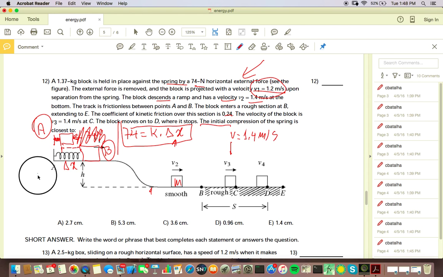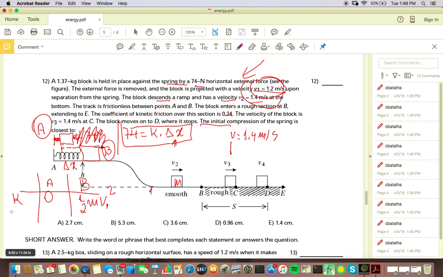In other words, if we do that little table of energy, configuration A, configuration B, and then we write down kinetic energy at A is 0. Block's not moving. At B, we have half the mass of the block, which is 1.37 kilograms, times V1 squared, which is 1.2 meters per second.